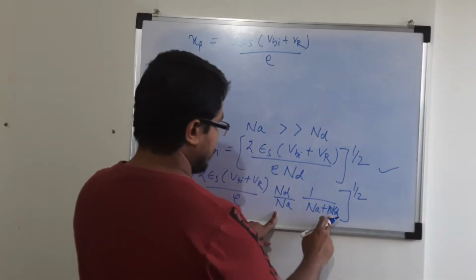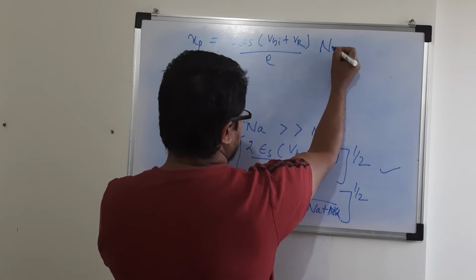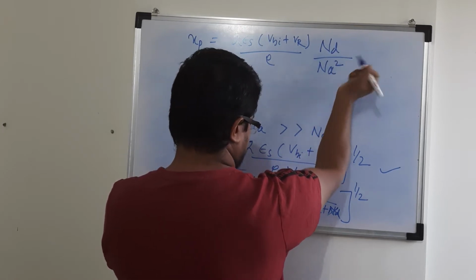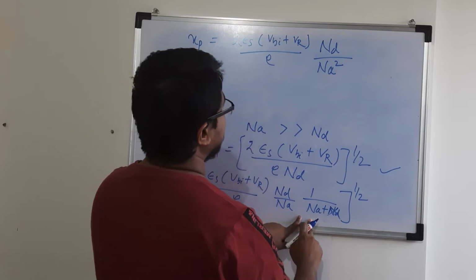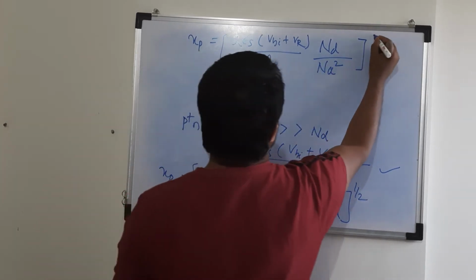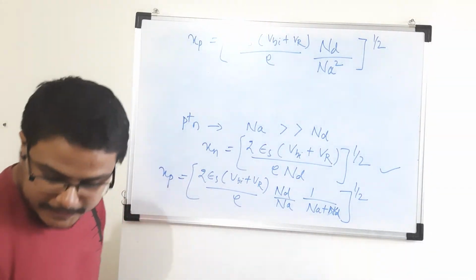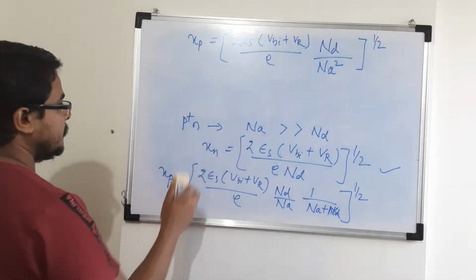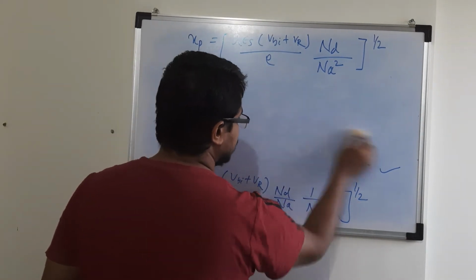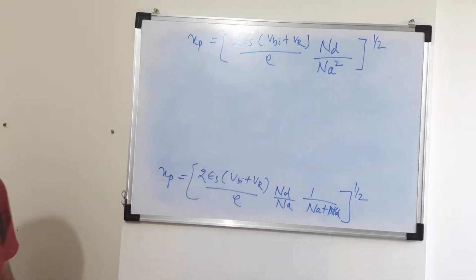We ignored this Nd here, it's very small, so we got Nd divided by Na square, to the power 1 by 2. So now you have the xn value and xp value for the p plus n one-sided junction.